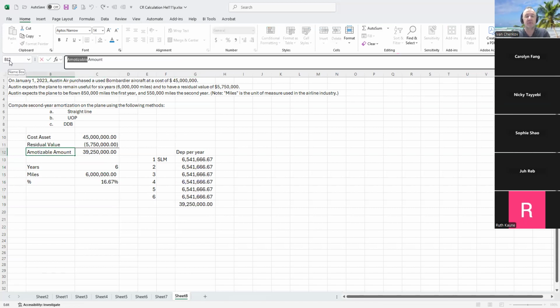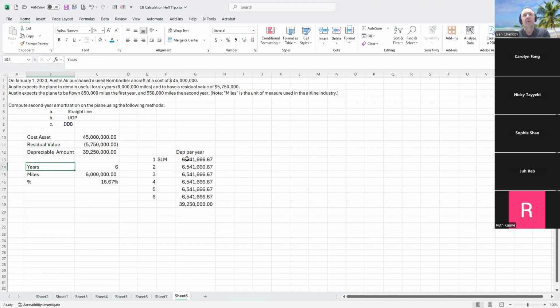Let's move it to the depreciable amount, since we're working with depreciation. So if the question asks you to compute the amortization for the second year, do you have amortization for the second year using the straight line method?